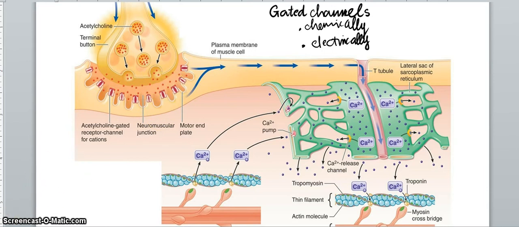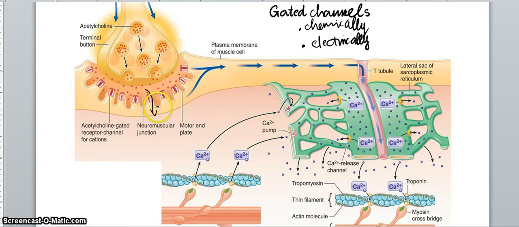Remember that these chemically gated channels are only activated by the binding of an extracellular signal, in this case acetylcholine. When acetylcholine lands on this receptor protein, it will open up and let sodium ions flow from the outside of the cell into the inside through these channels.